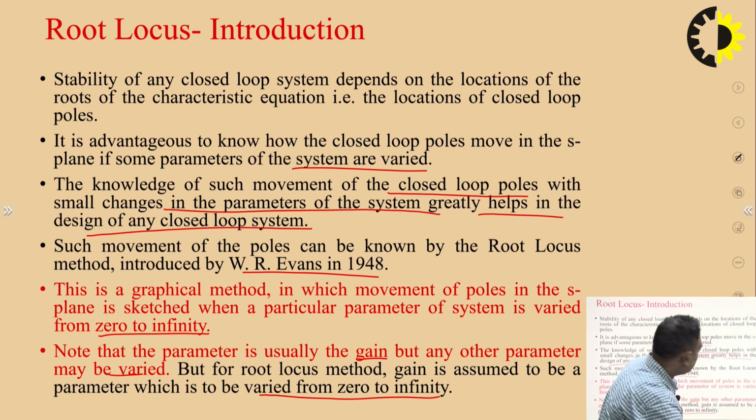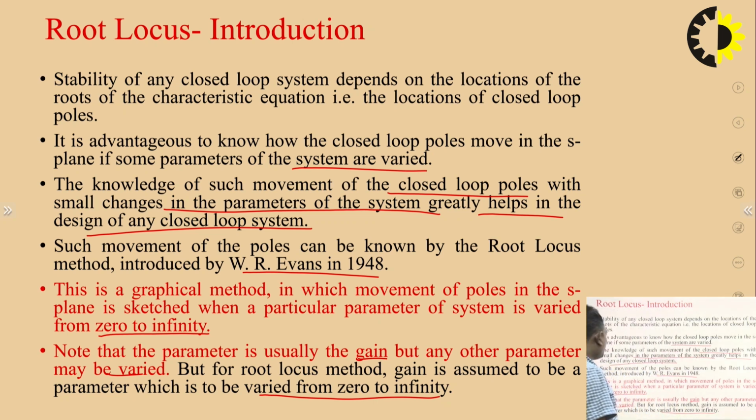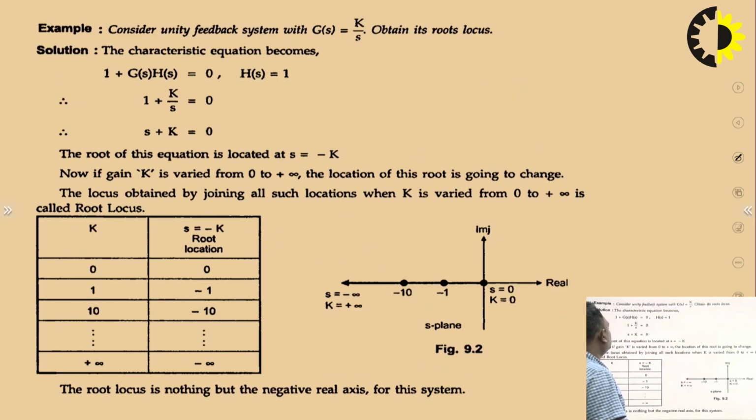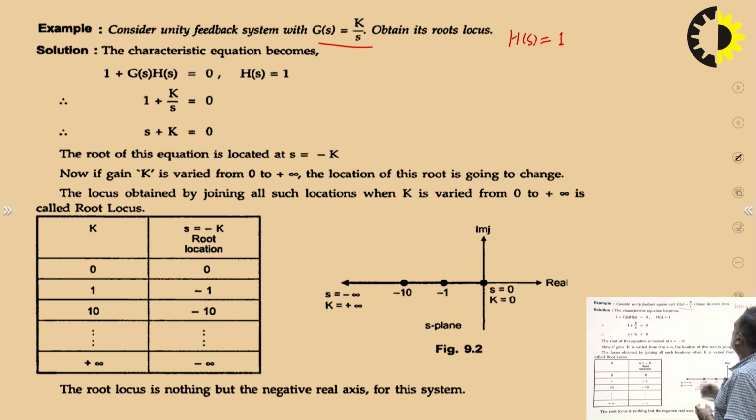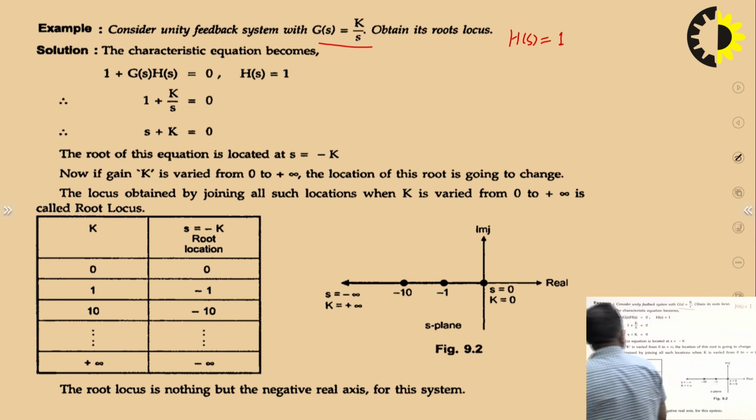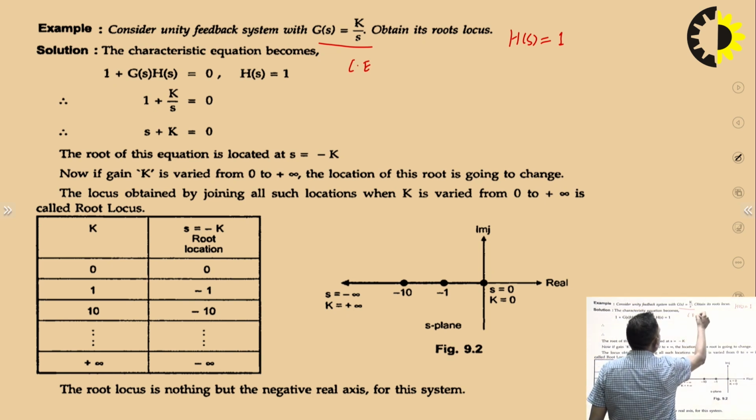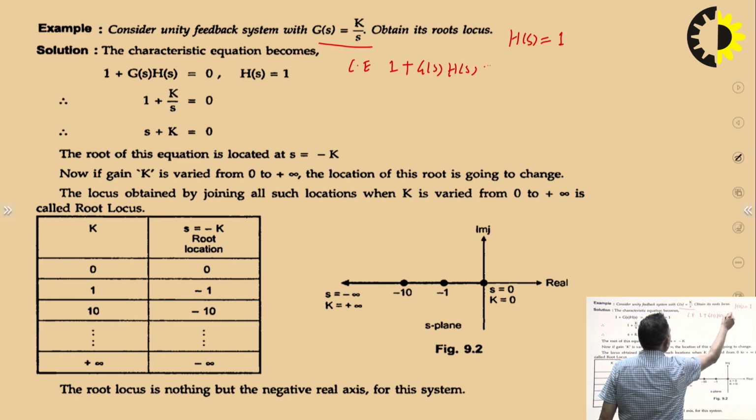Okay, so let us start with a simple problem wherein we can see what this root locus is. Consider a unity feedback system with G(s) equals K by S. Whenever we write unity feedback system, it means H(s) equals 1. Obtain its root locus. First of all, we write the characteristic equation, which is 1 plus G(s) H(s) equals 0.